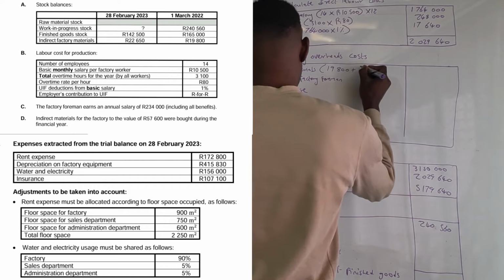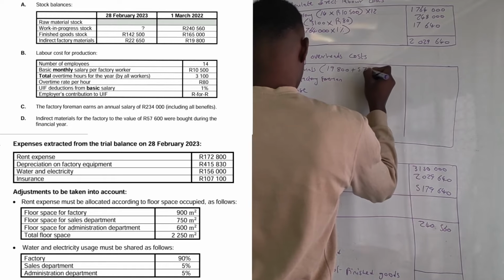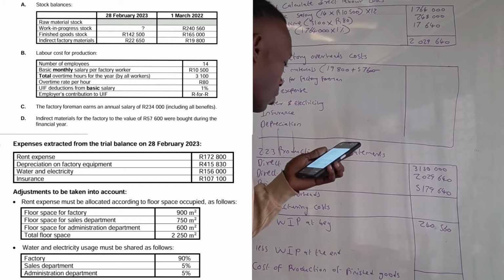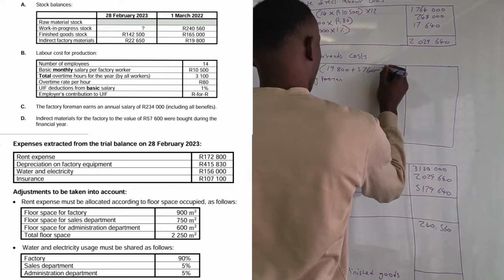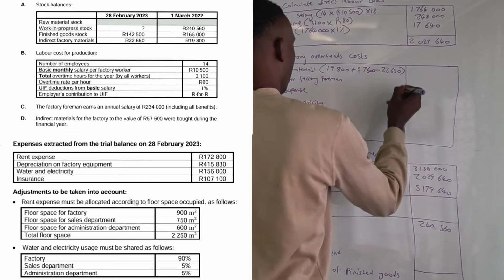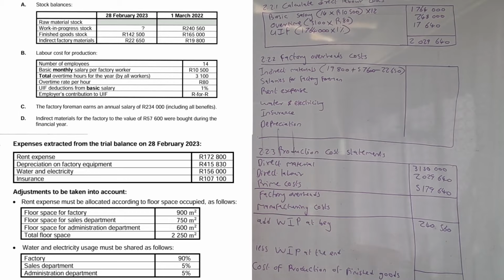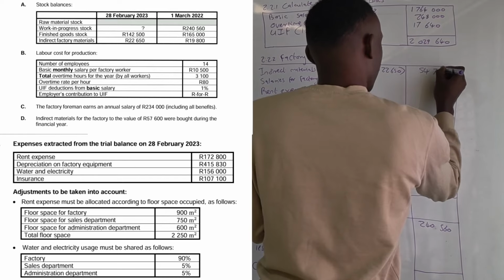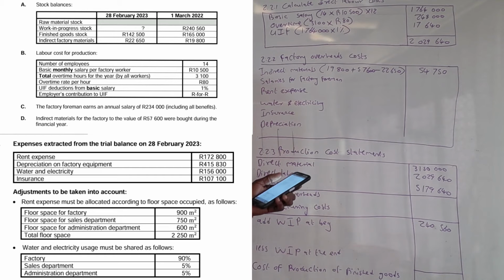We're going to add 57,600 and we subtract what? A closing. A closing is 22,650. Very simple. And it's going to give you how much? 54,750. Very simple.